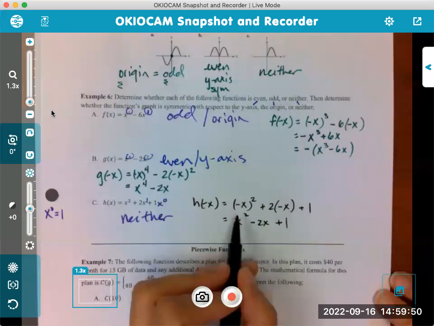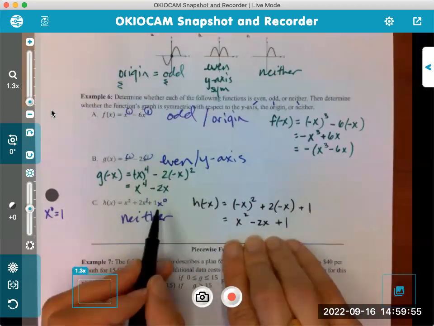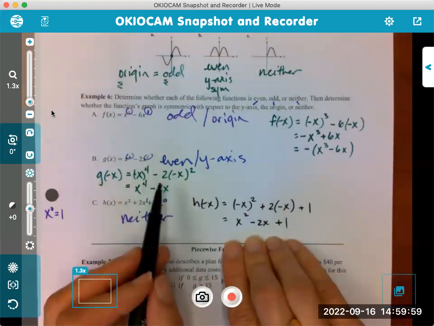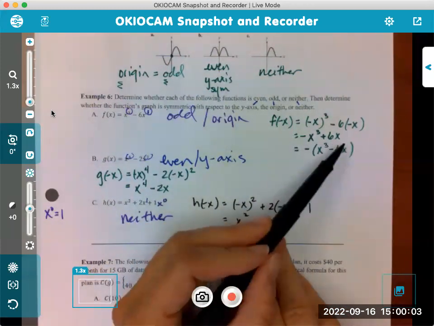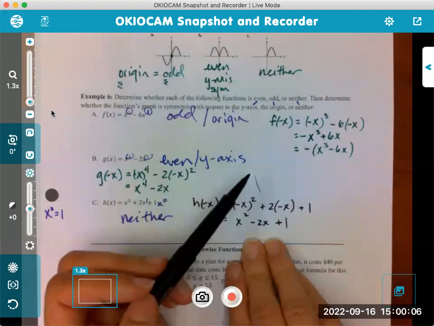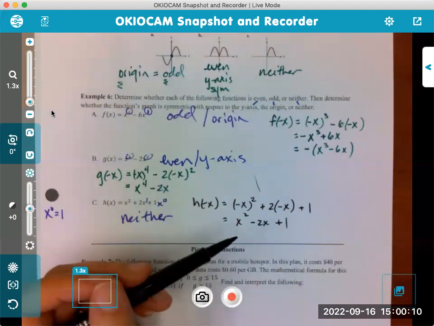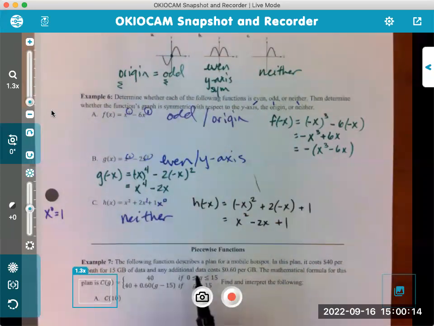Notice we don't have the exact same thing we started with. Not every single sign changed. So therefore it's not even, because that would give us the exact same in return. It's not odd, because that would mean every single term had a sign change, or the exact opposite, from positive to negative or negative to positive. So again, this reinforces that we are neither.